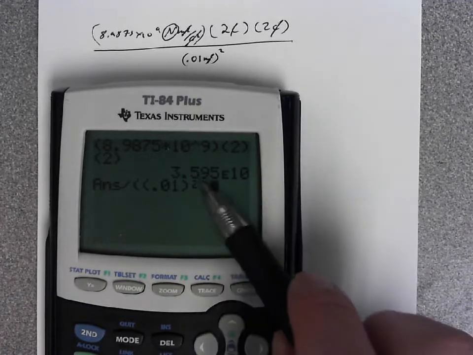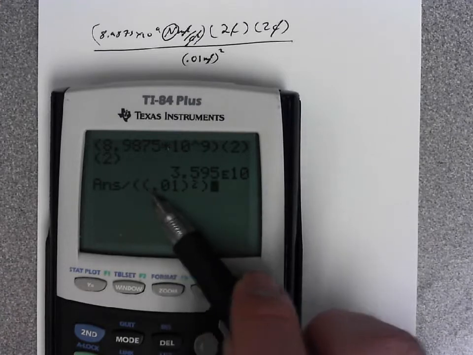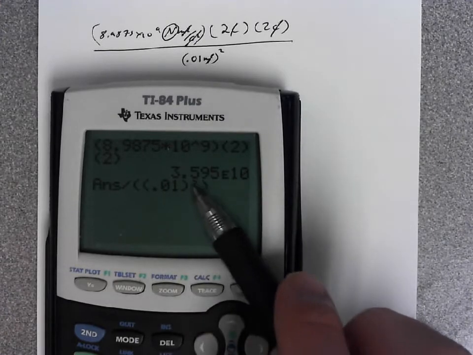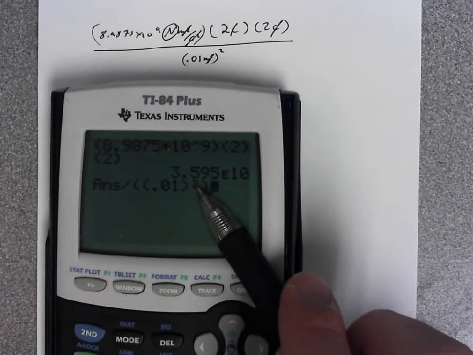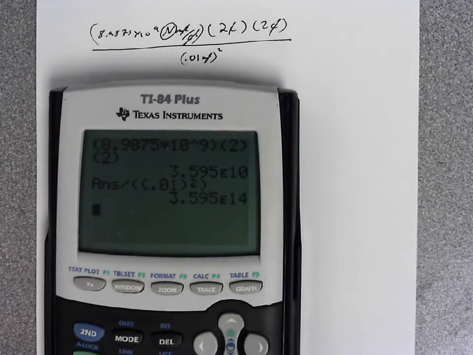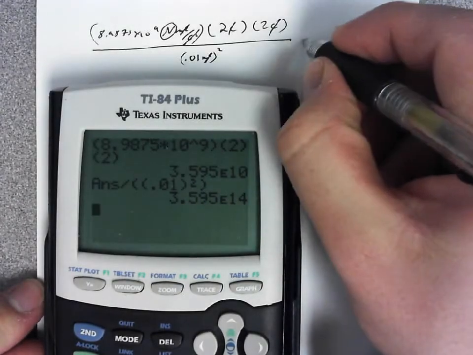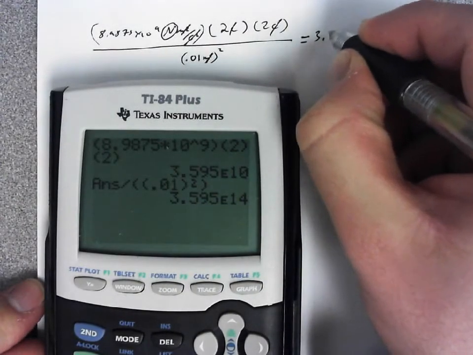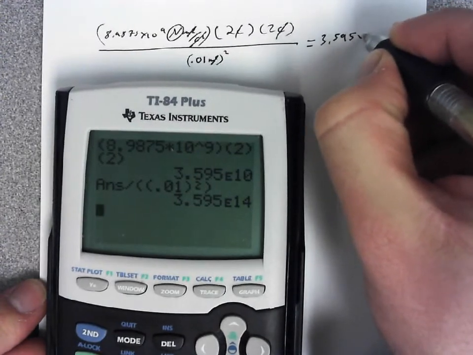Notice I do it this way with the double parentheses so that the squared isn't applied to the entire thing, it's just applied to the denominator. And there's my answer, and that's a ridiculously large number, but for an example, it works.